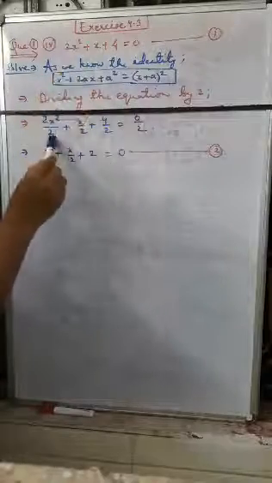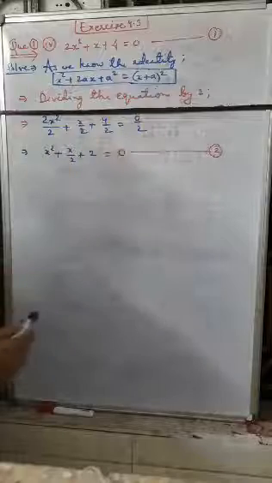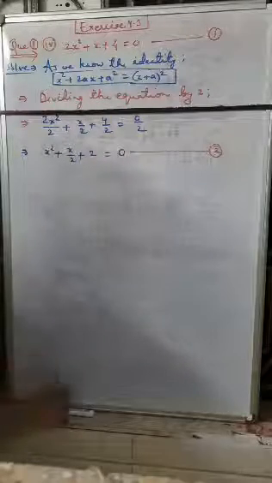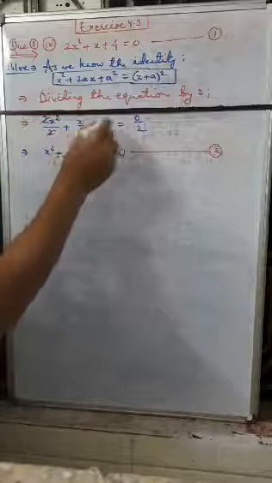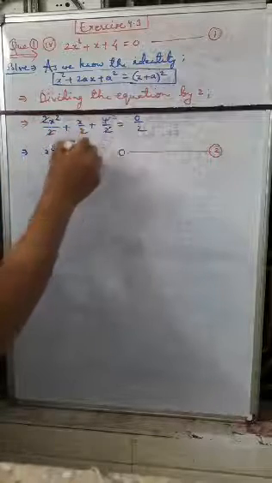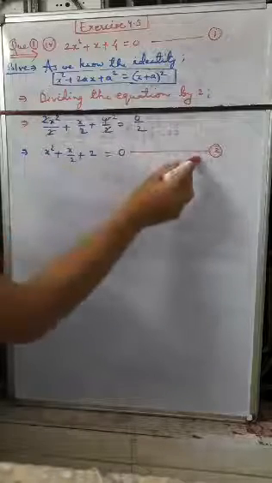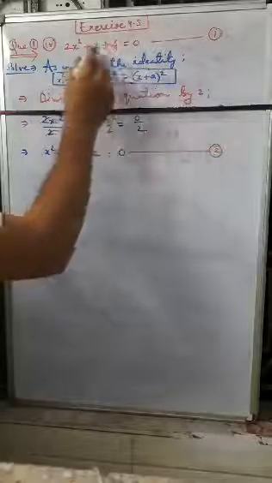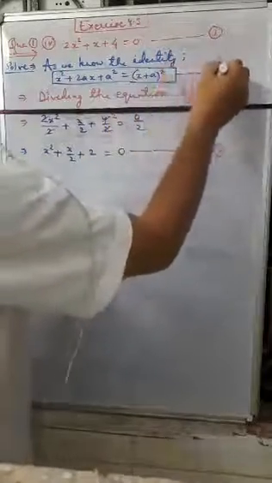So 2x² by 2, x by 2, plus 4 by 2 is equal to 0 by 2. So we get equation 2: x² + x/2 + 2 = 0. Now we have equation 2 and we have one more thing here, a formula or identity.